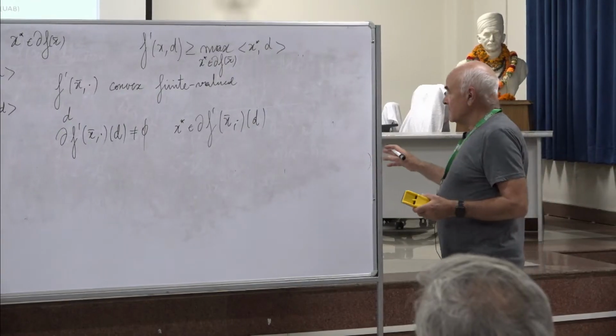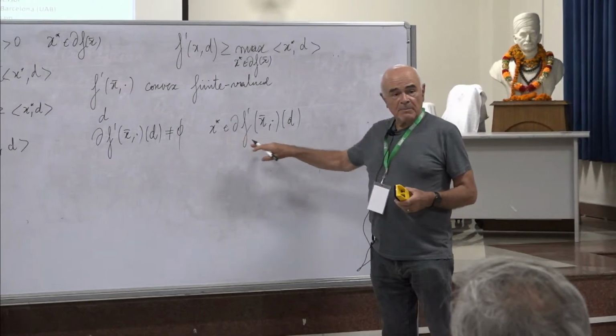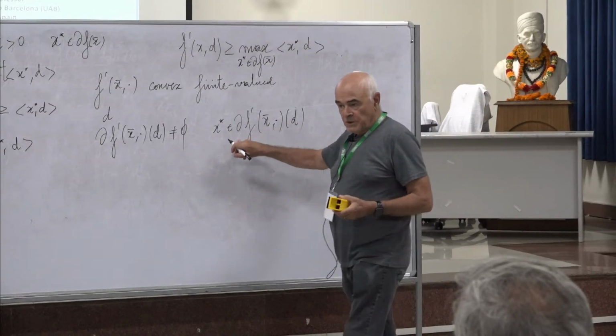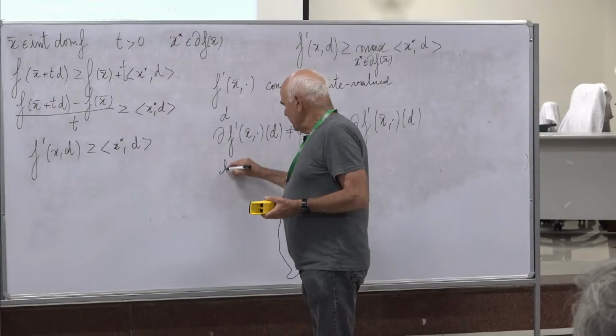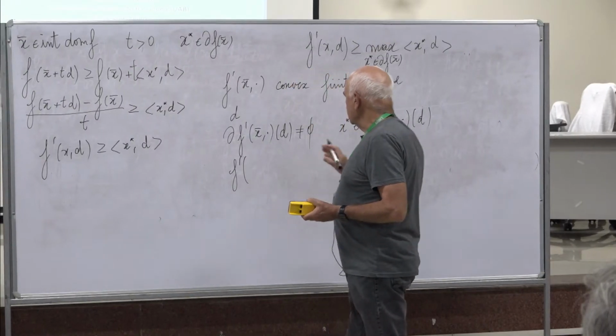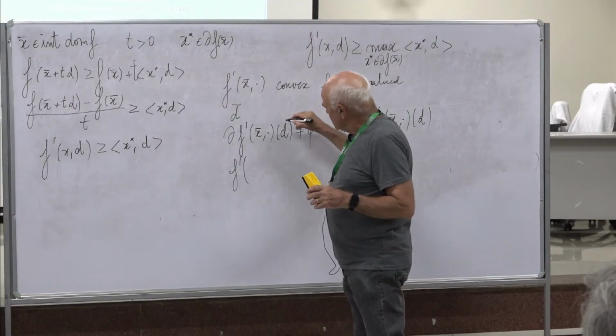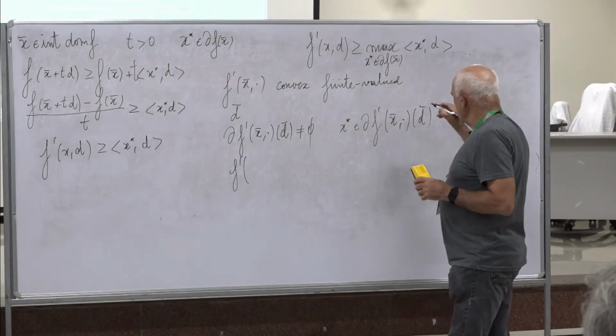Then what happens? Let's write the subgradient inequality for this particular subgradient. If you allow me to change the notation a little bit, I consider d bar instead of d.